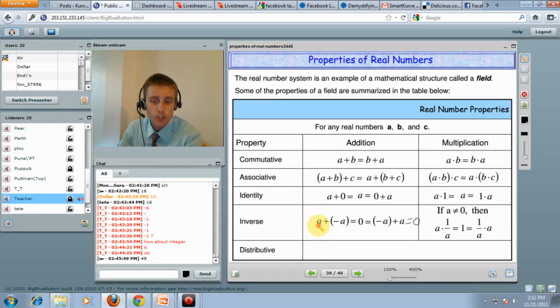If A is 2, we have 2 plus negative 2 equals 0, because this addition sign is crossed out by this negative, and you subtract 2 by 2 is 0. It's the same on the other side. If A is 2, we have negative 2 plus 2, and negative 2 plus 2 equals 0.